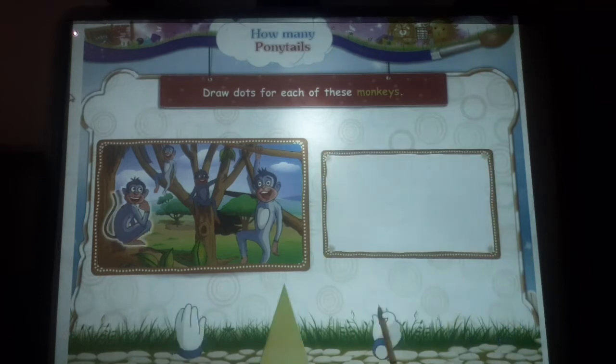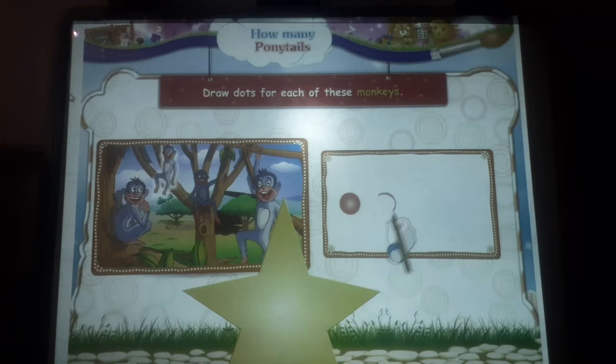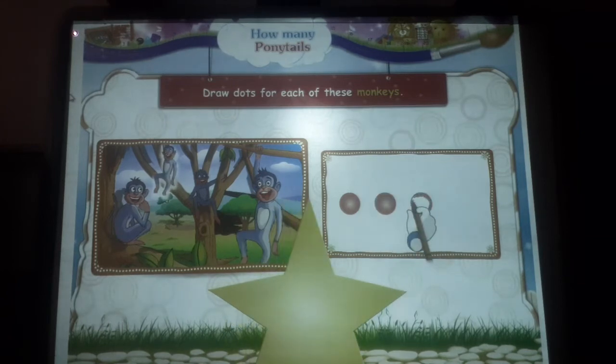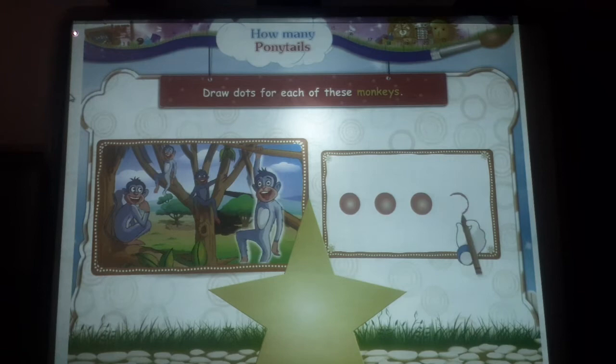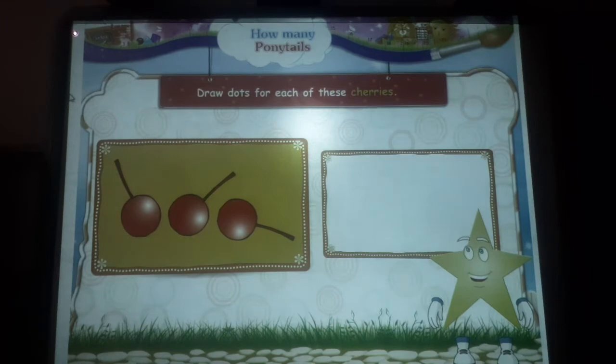Let us also draw dots for each of these monkeys. A dot for this monkey, a dot for this monkey, a dot for this monkey, and a dot for this monkey. Now, let's draw dots for each of these cherries.